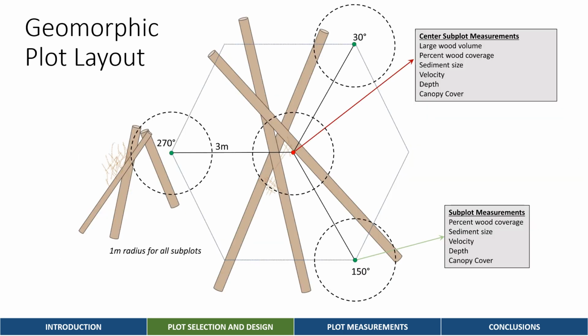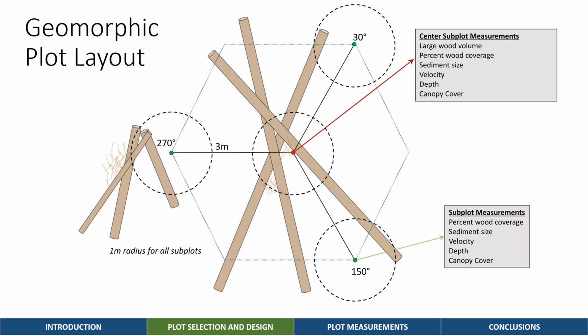This is a conceptual diagram of the geomorphic field plot layout. So notice that there is a center subplot and 3 exterior subplots. Each of the plots is separated by 3 meters, and the center subplot only has one different measurement than the exterior subplots. The only difference is that you would measure large wood volume at the center subplot and not at the exterior subplots.